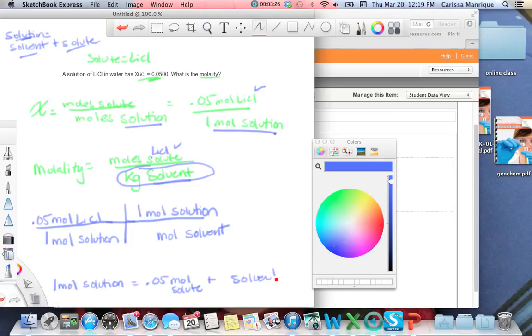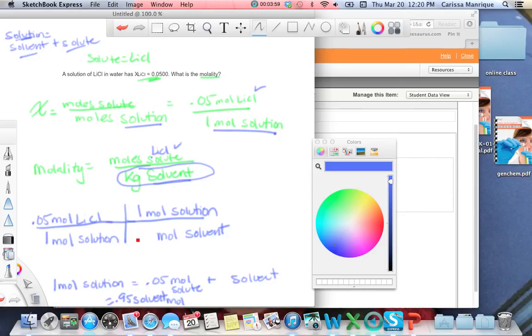I'm going to have to solve for that. 0.05 of this is solute, so how much is solvent? Well, we just have to do 1 minus 0.05, which is 0.95. So if 0.05 moles of this solution is solute, then 0.95 of it is moles of solvent. When you add them together, it should equal 1.